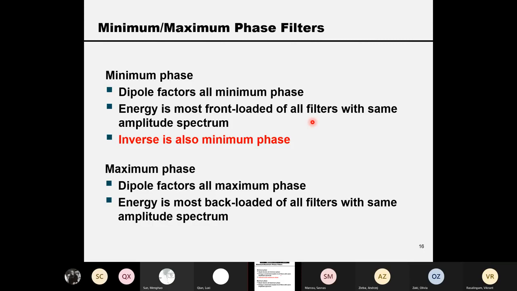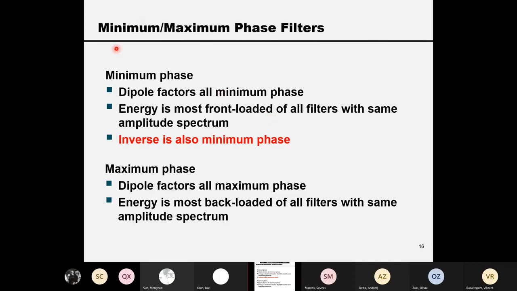If we construct any filters that have the same amplitude spectrum as the one we have here, you're guaranteed this minimum phase filter is the most front-loaded compared to any other filters. This is just a mathematical definition.